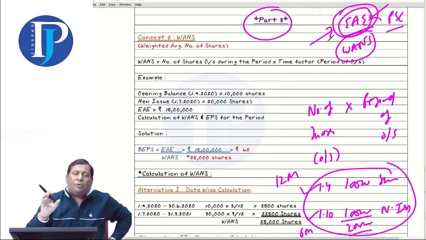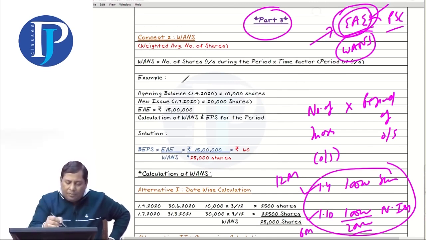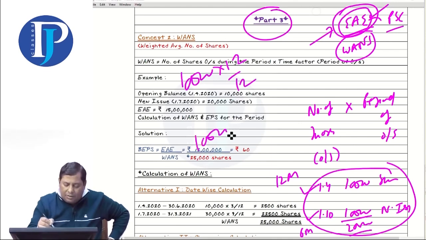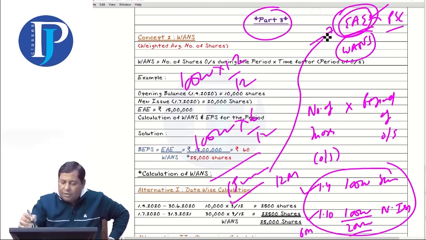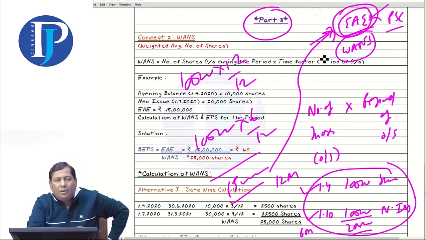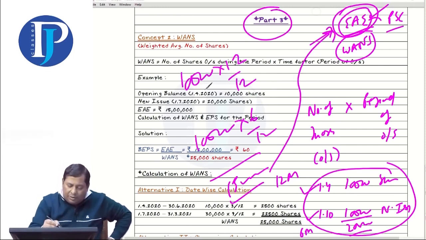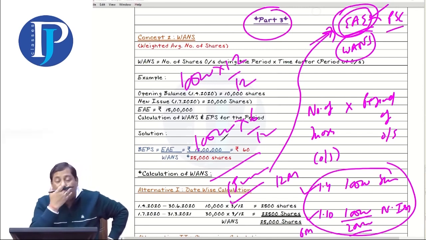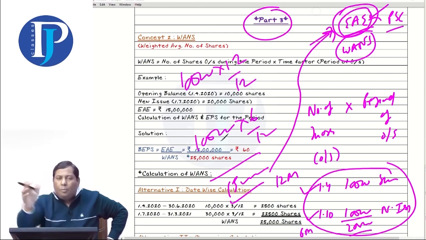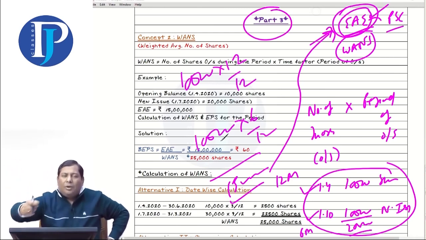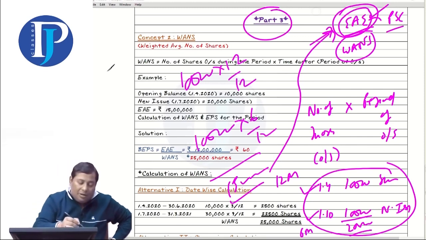So if we look at how many shares are supporting earnings, it's 10,000 into 12 by 12, and 10,000 into 6 by 12. So this will be 15,000 shares effectively, which have contributed to your earnings. When I do the calculation of 10,000 two times, applying a different time factor on the opening balance and a different time factor for new issues, this is called class-wise calculation.